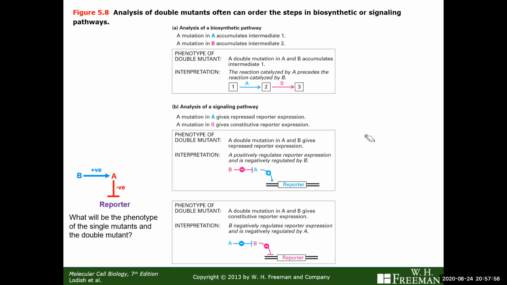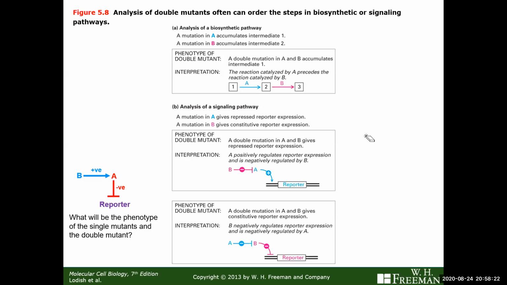Now, from this mutational analysis, can you determine the sequence of action? And the answer is yes, and that is done by epistasis analysis, and it is done not only in yeast, but also in flies and sometimes even in mouse.